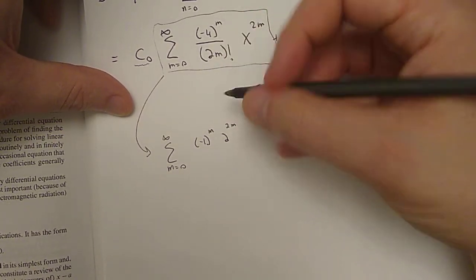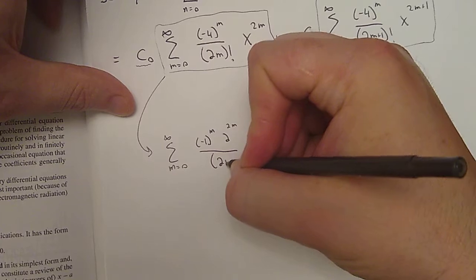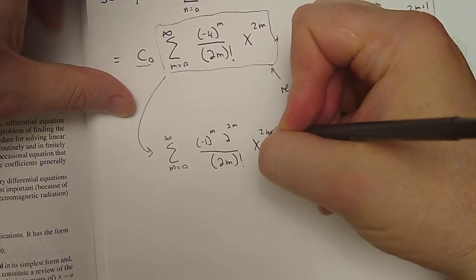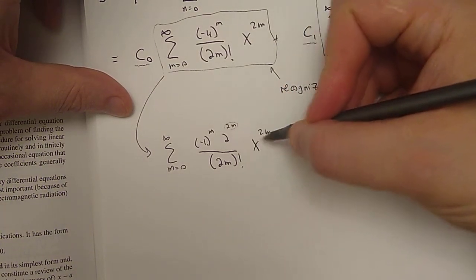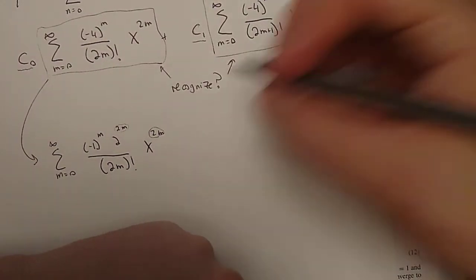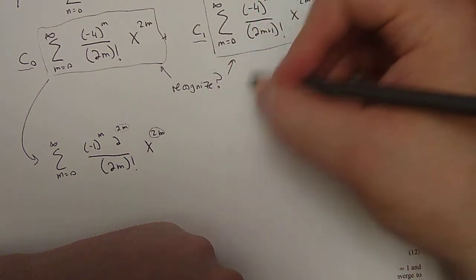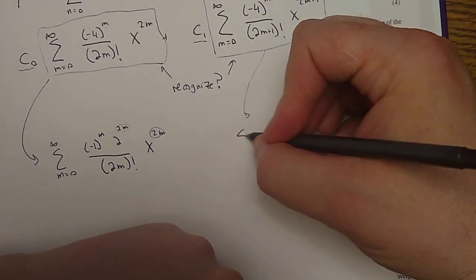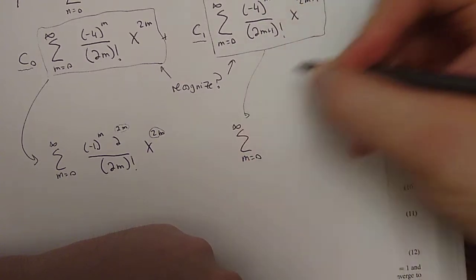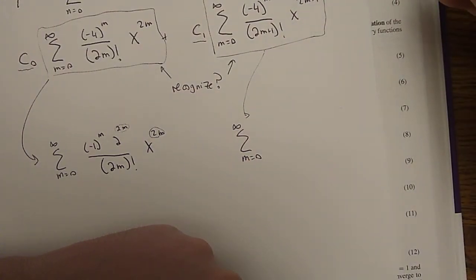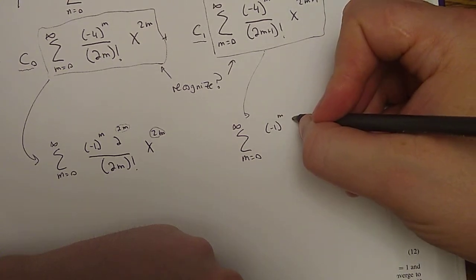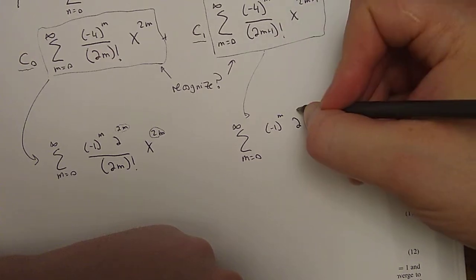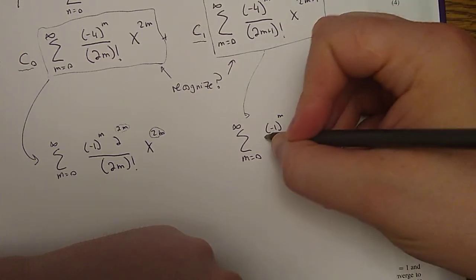Instead of writing 4^m, I'll write 2^(2m). Why am I doing that? Just to make this match with this. And then similarly, this one is (-1)^m, 2^(2m+1).